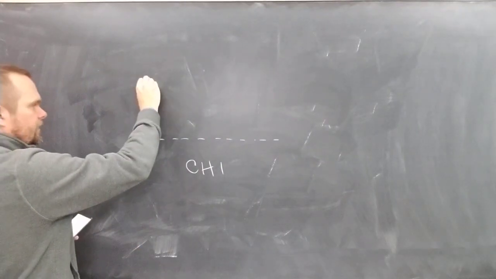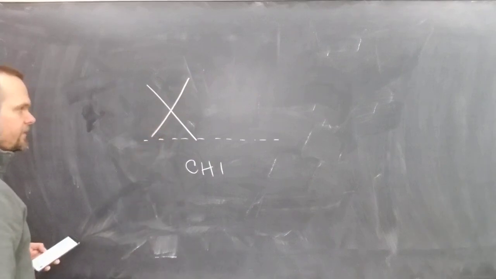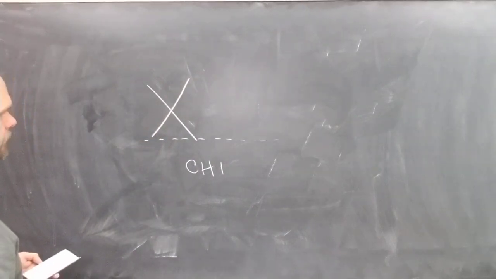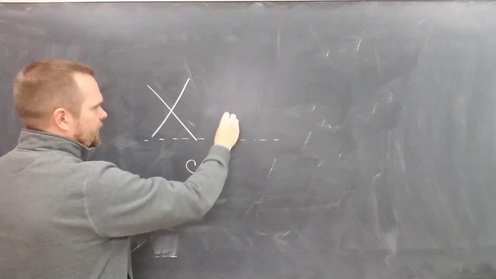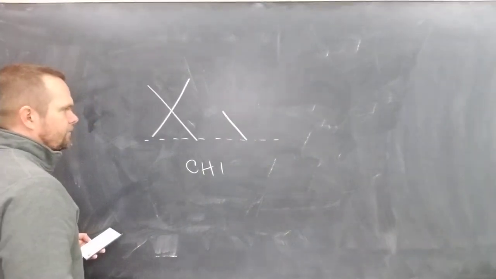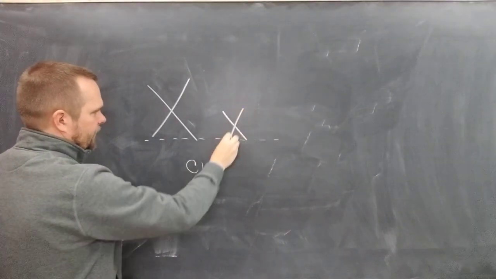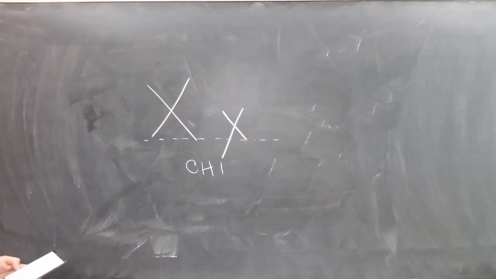The uppercase Ki is written just like an uppercase X, and the lowercase is written in the same way. The way I like to write it is start with a line that goes down to the baseline, and then the second line bring down below the baseline. Okay, that's the Ki.